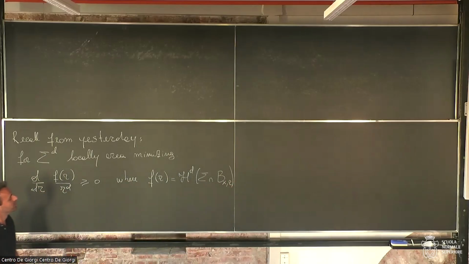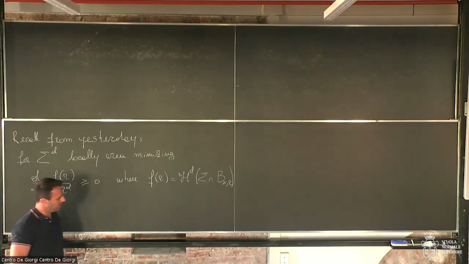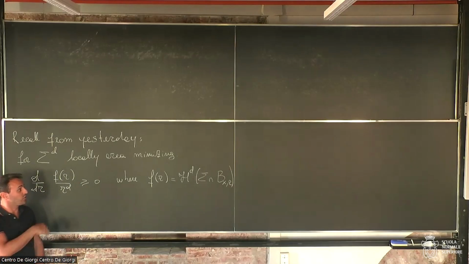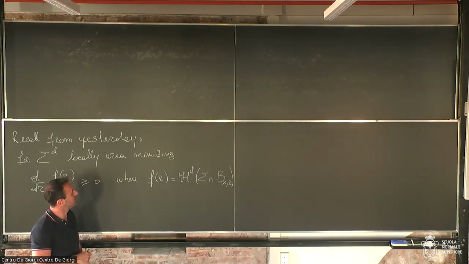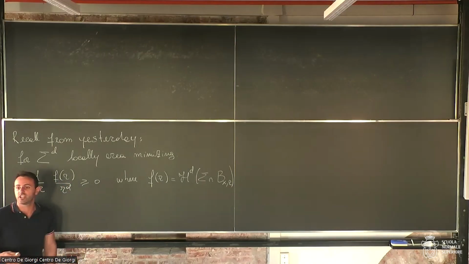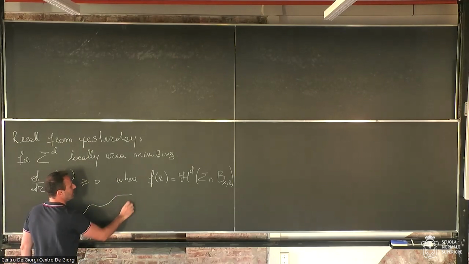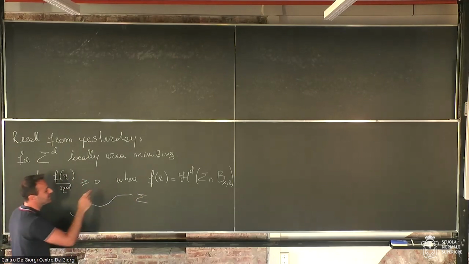Okay, so this is an interesting property because it allows structural analysis, local analysis of your candidate stationary surfaces. Because essentially what you can do thanks to this formula is that this is sigma, your surface.